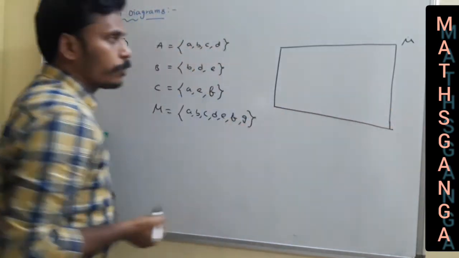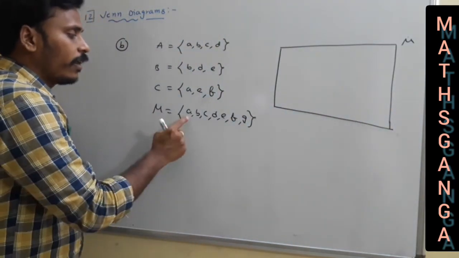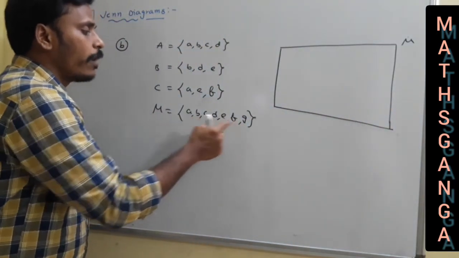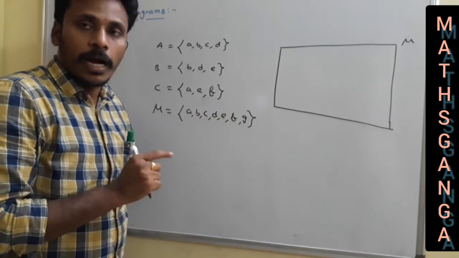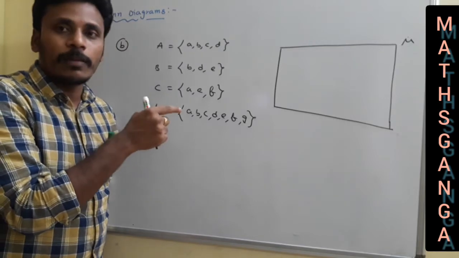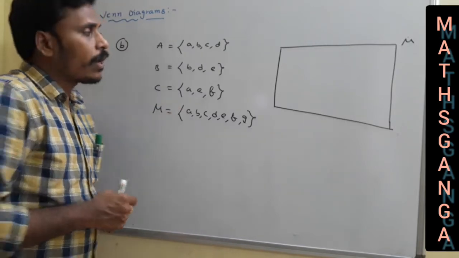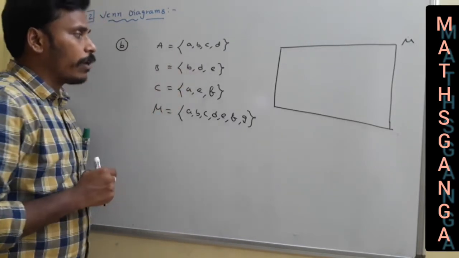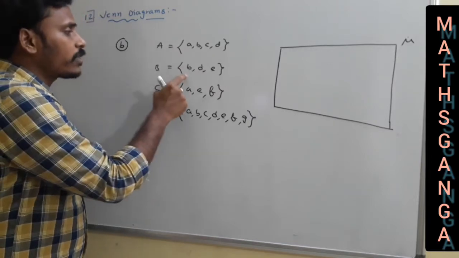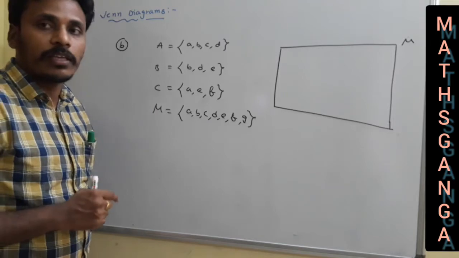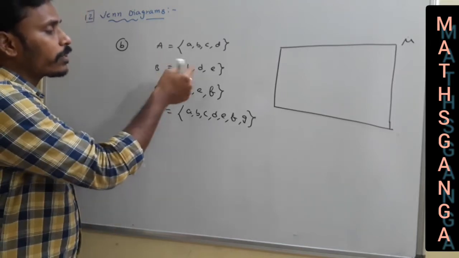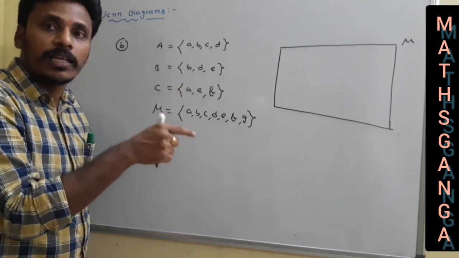In this rectangle we need to include all the elements of the universal set: A, B, C, D, E, F, G. A is the set which consists of A, B, C, D, B is the set which consists of B, D, E, and C is the set which consists of A, E, F. So we need to represent these elements correspondingly in those sets.